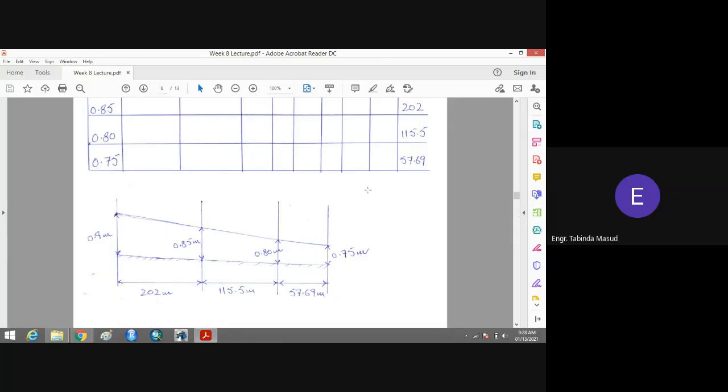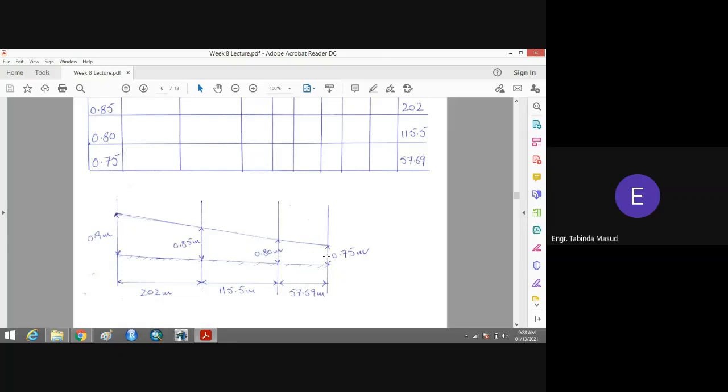So how have we solved the numerical problem? We have taken a short reach of the length, meaning a short segment of the length. We have divided it into different steps. You can see that this is step number 1, this is step number 2, and this is step number 3.